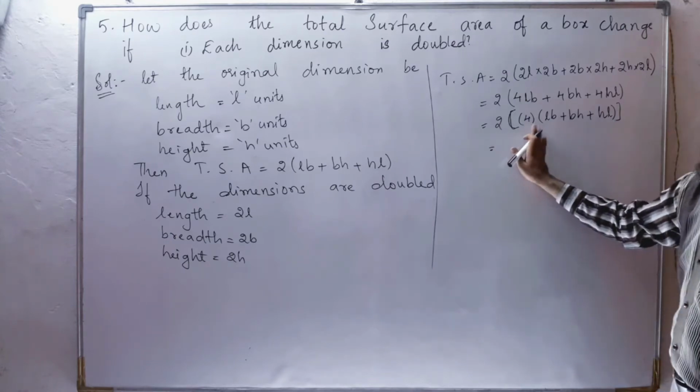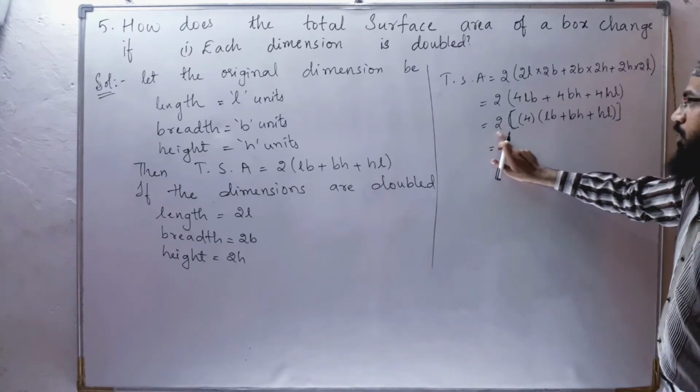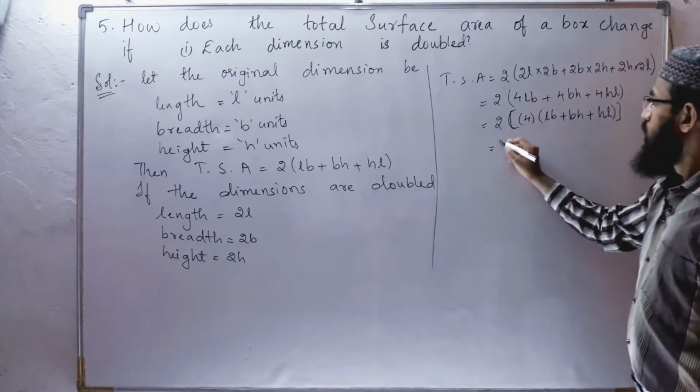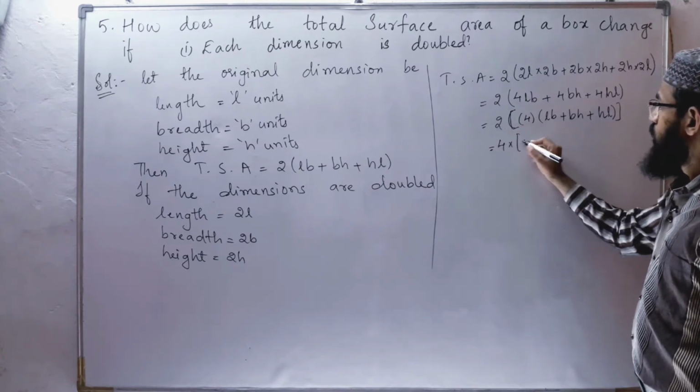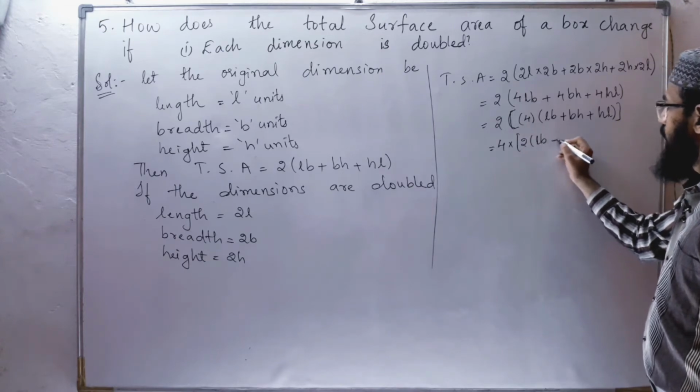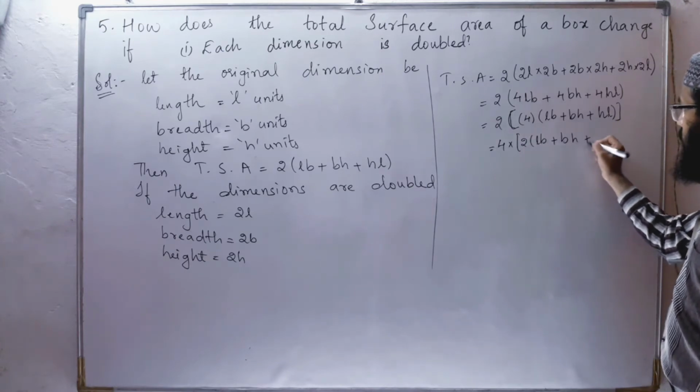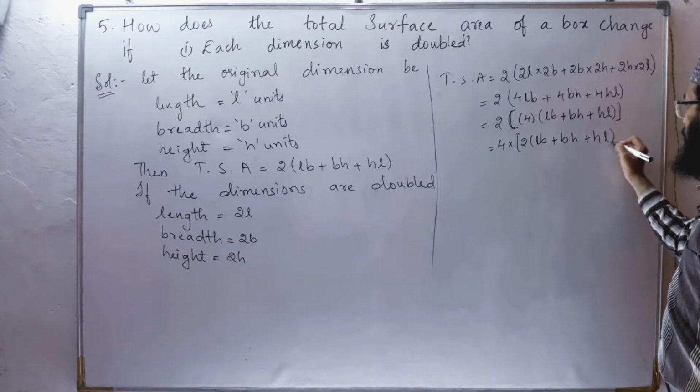We will take this 4 outside and bring this 2 inside. So 4 into 2 into (LB plus BH plus HL).